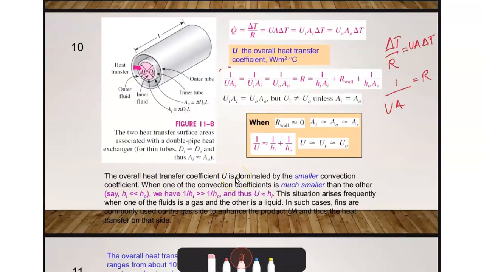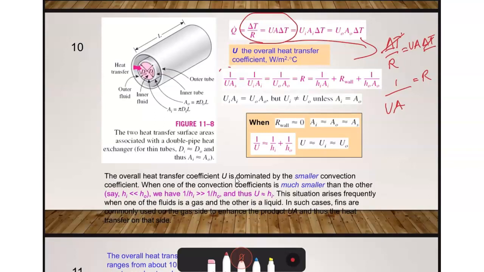Okay, for example, this formula. We try to rewrite it, so we get R equal to, because this delta t and delta t are cancelled, R equal to 1 over UA. U is the overall heat transfer coefficient, A is the area.